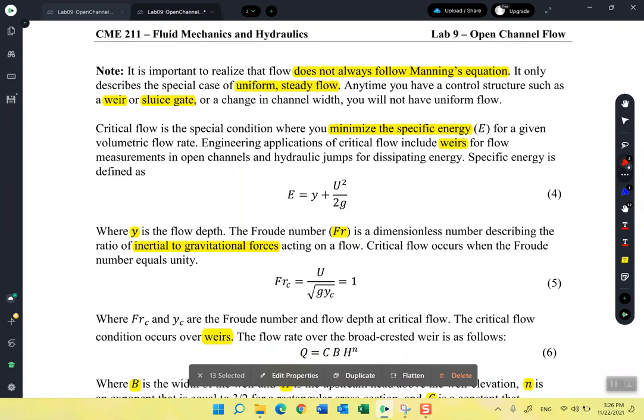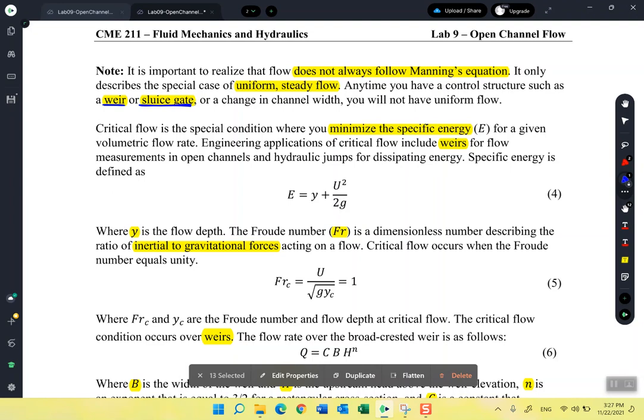And in these cases, when we have a weir or a sluice gate, these two pieces of equipment are commonly used to control the flow and to get the discharge for a certain channel. But just to let you know, when we have weirs or a sluice gate or actually any change of the channel geometry, we can't use the Manning equation. Instead, we can use other equations or tools to know the discharge, which I will explain later.